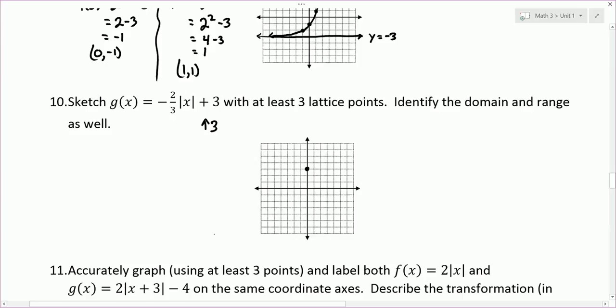It's a linear function, but it's an absolute value linear function. So we can use the idea of a slope. If we look at that -2/3, that's the slope of the right side of our V. And so it's negative. And so from our vertex, I'm going to drop 2 units and go right 3 units. That's the -2/3.